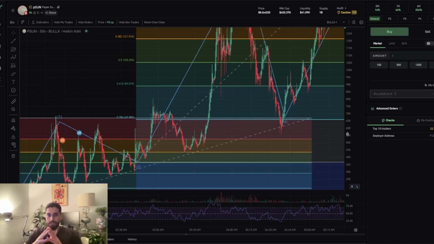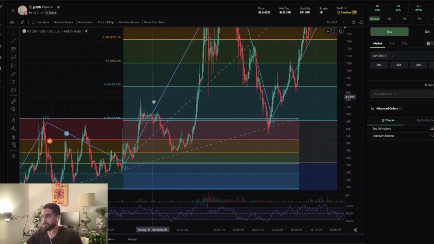Seriously guys, not a lot of people are talking about this, especially in meme coins. I've seen me and 2 other people talk about Fibonacci on meme coins, and it's a game changer, guys. Fibonacci with Elliott waves. It's going to bounce at these levels. Check these levels.